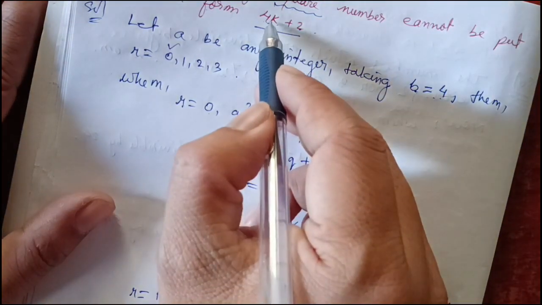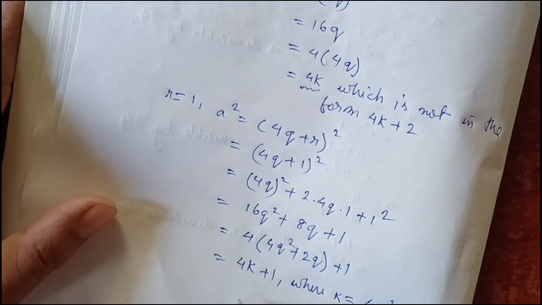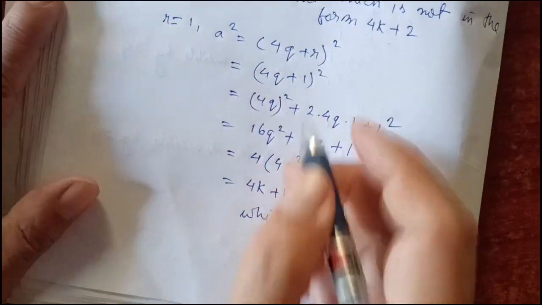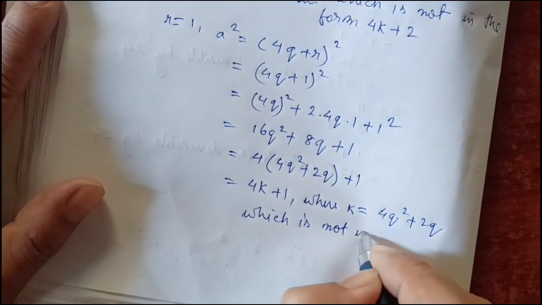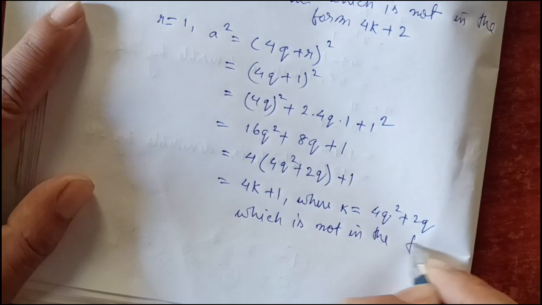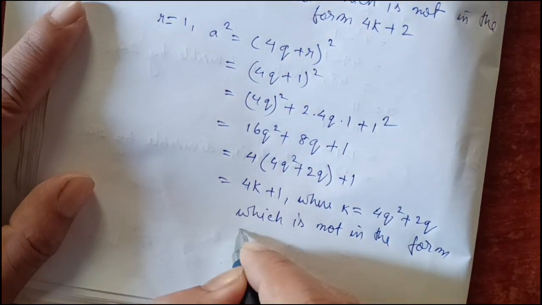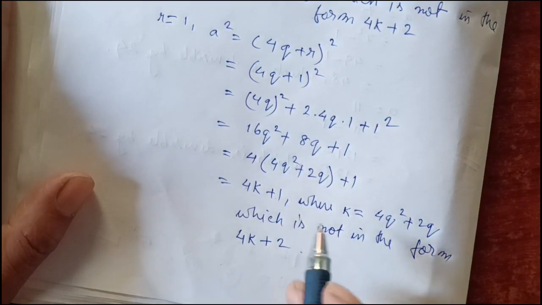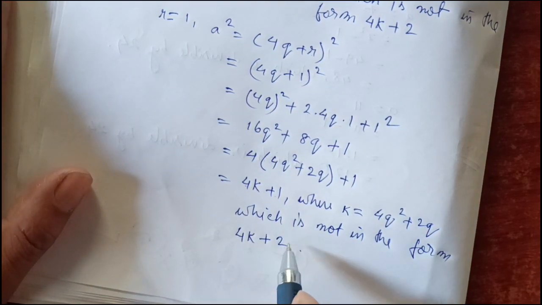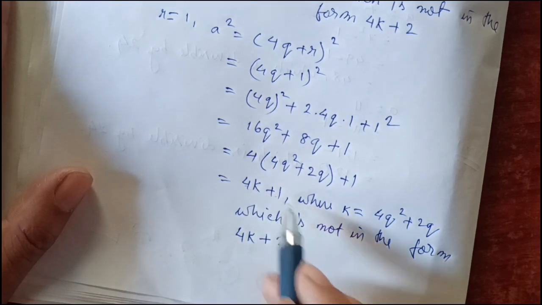All right, so the question says 4k plus 2, so we cannot get 4k plus 2, which is not in the form 4k plus 2. We get only 4k plus 1.